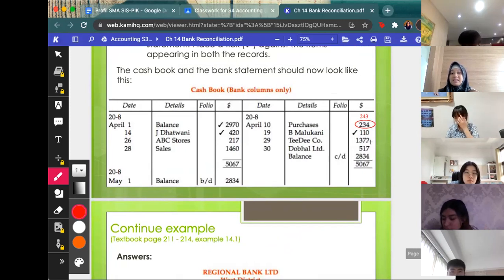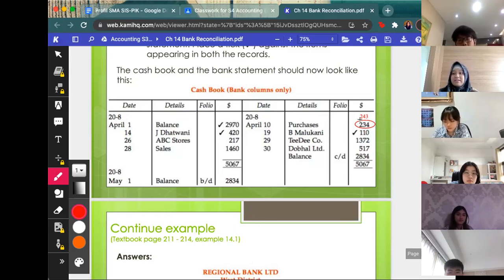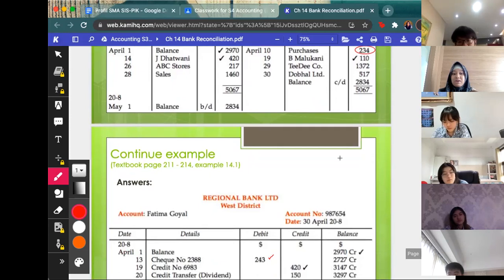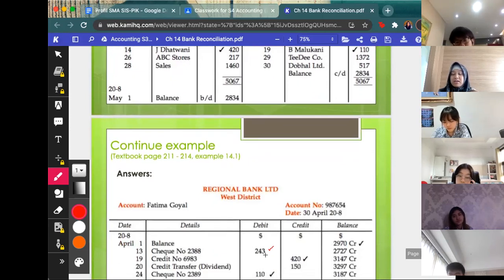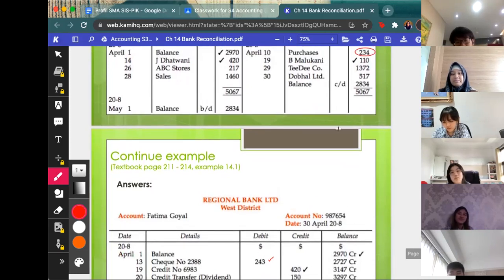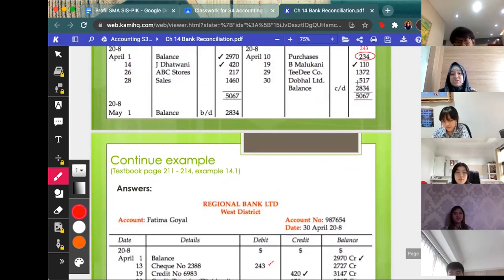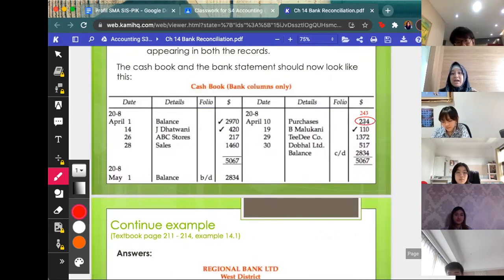Students' common mistake is to take this 234 amount and put it in the bank recon. Please do not do that, because this purchase has actually already been recorded in the bank statement, which is 243, sorry, 243. But it is not shown in the bank statement because it is an error made in the cash book.